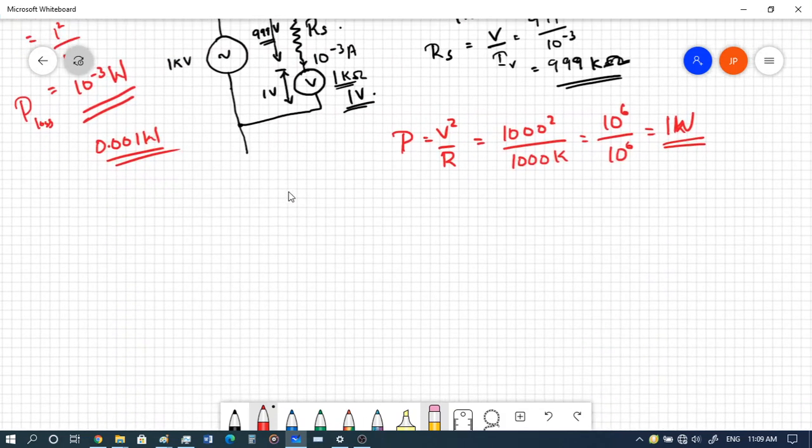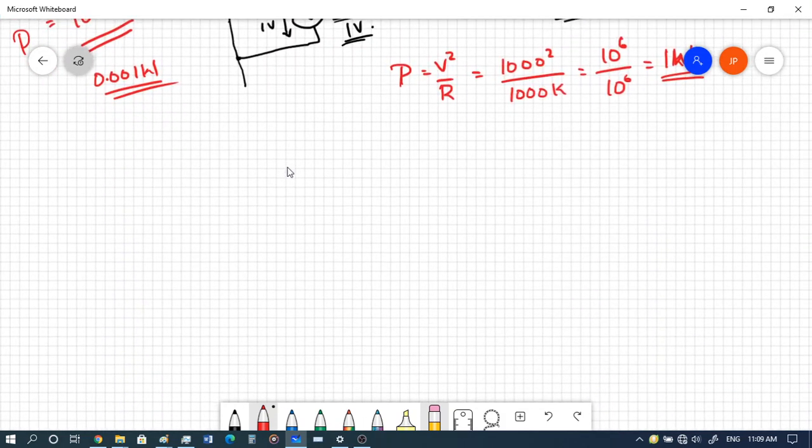Similarly, we'll do a small analysis of a current transformer as well. Let's say in a current transformer, we want to measure a current of 1 kilo amperes. Now ammeters generally come in a very small range, and let's say you have an ammeter of 1 ampere, right?